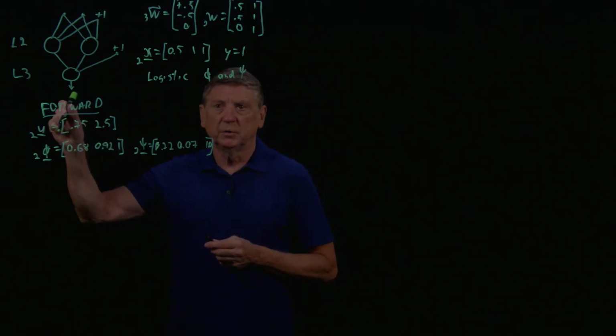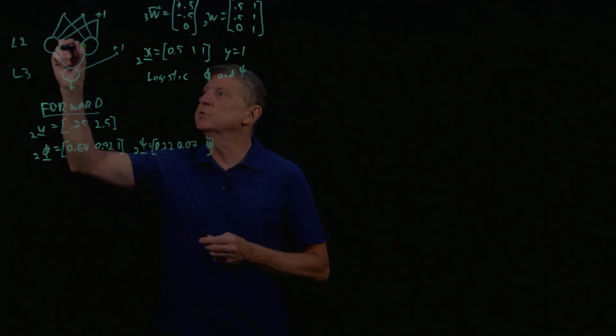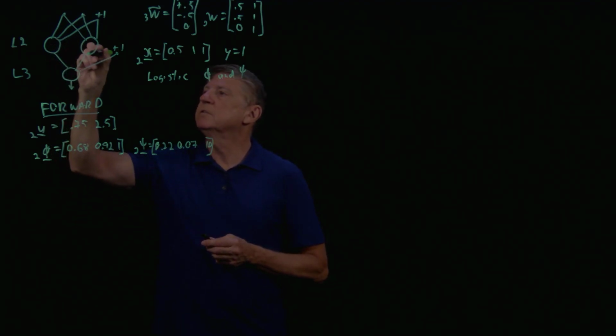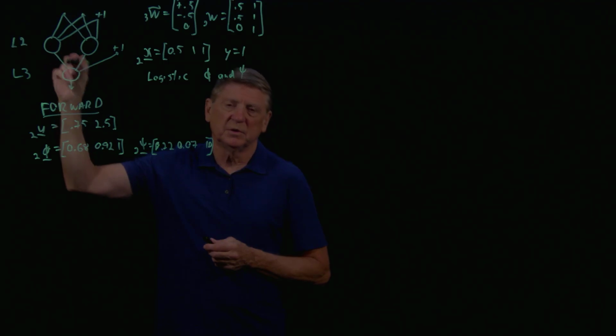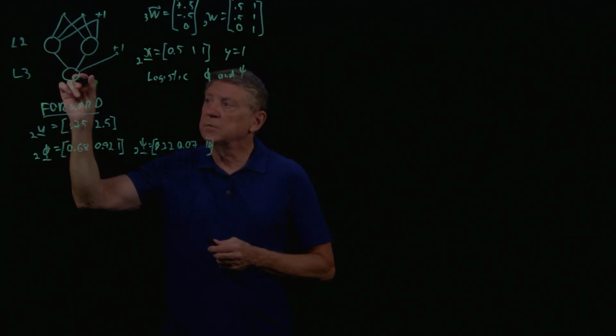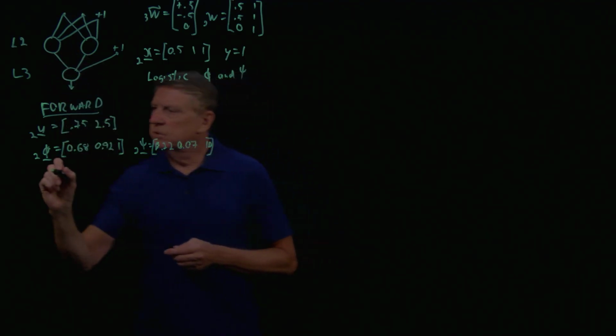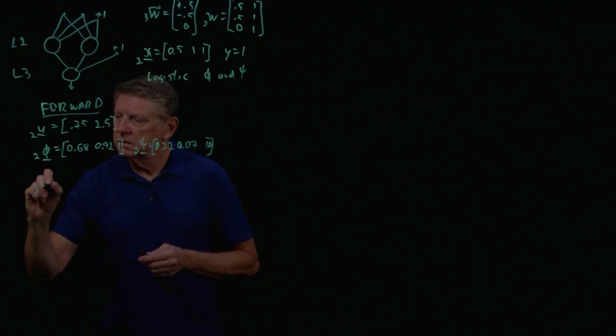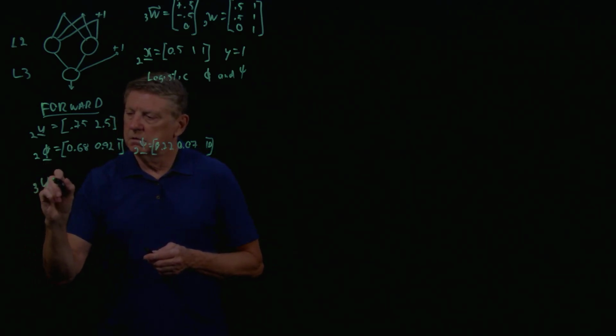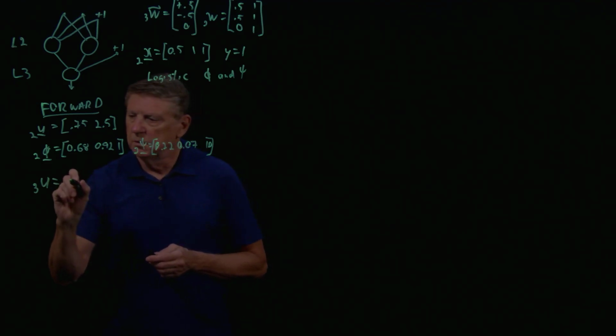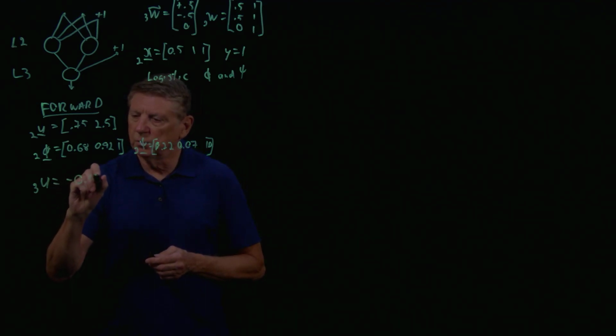That's going to have some consequences later on. So now we can push this through. Now we know the response of this, and we pre-computed the derivative terms. So now we can compute the response of the output. The layer 3 linear response will be -0.12.